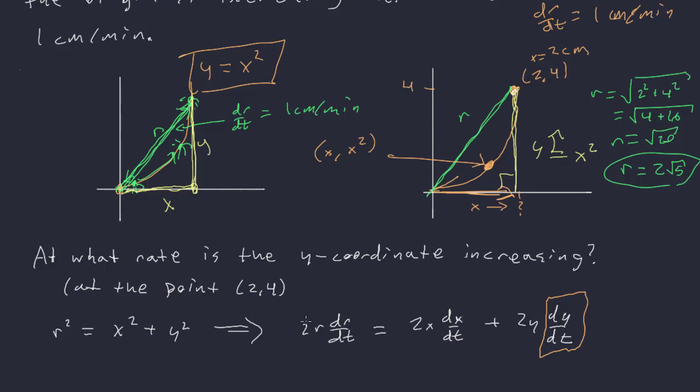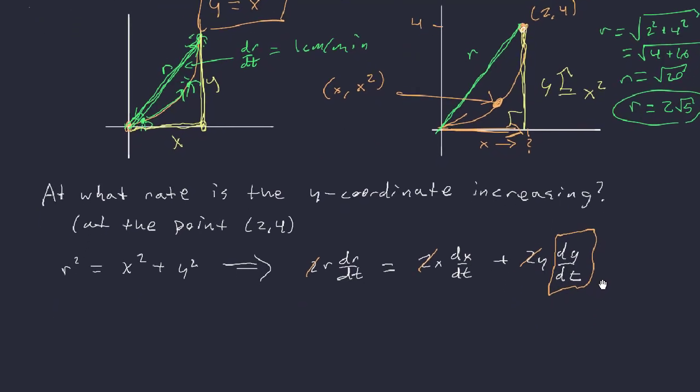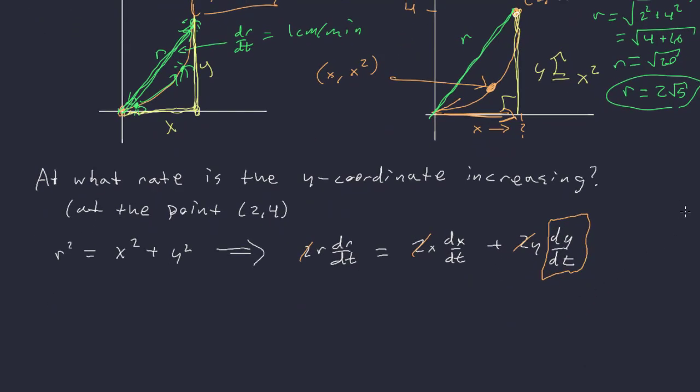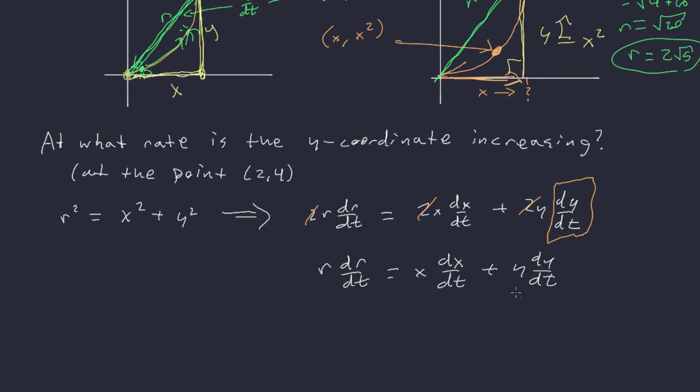Once again, I'm going to start by canceling out all of the 2's so that we get r dr/dt is equal to x dx/dt plus y dy/dt. Now we can plug in all of these values.